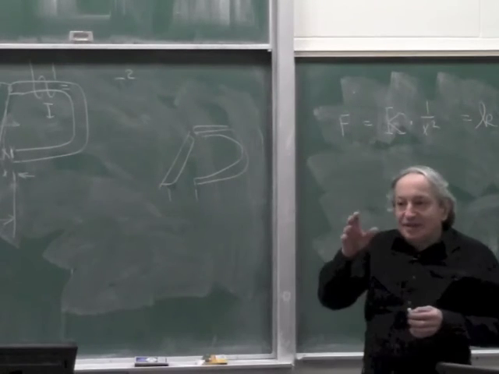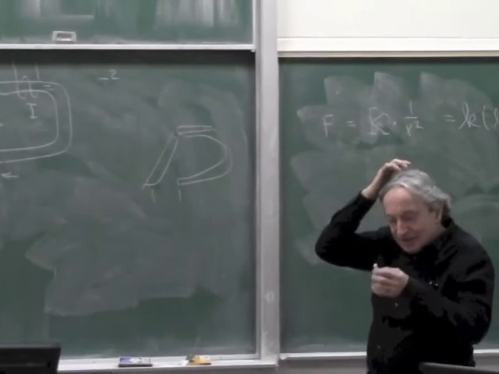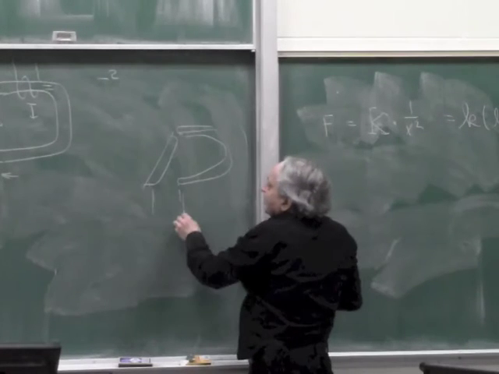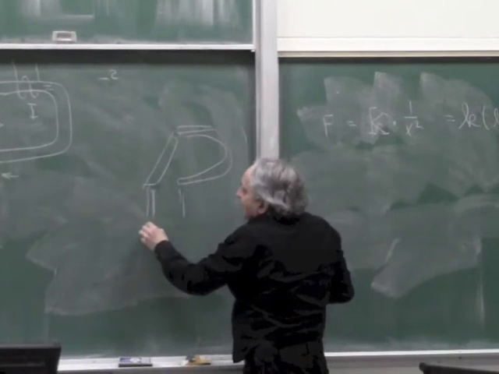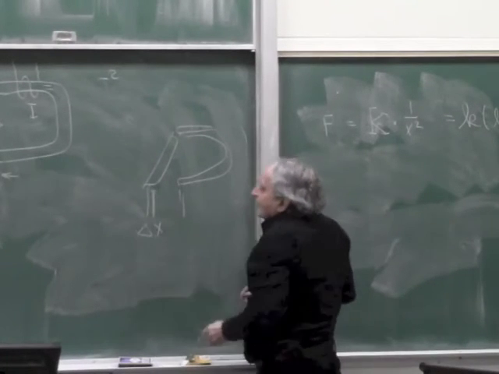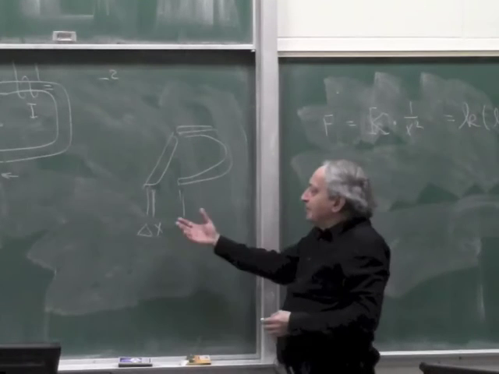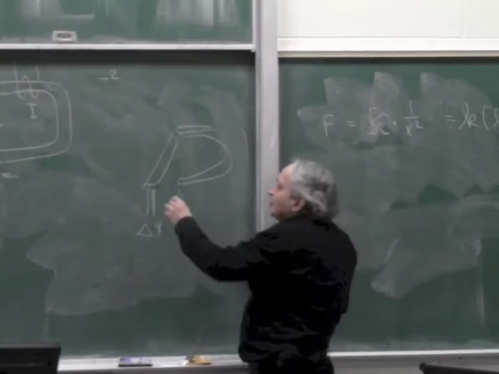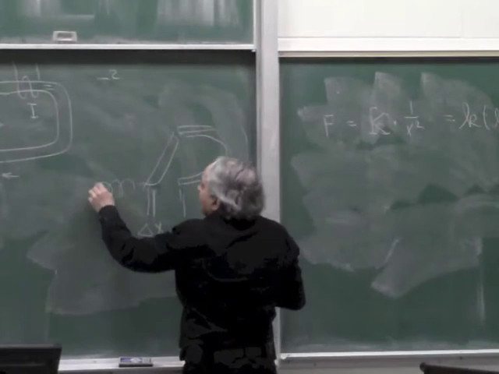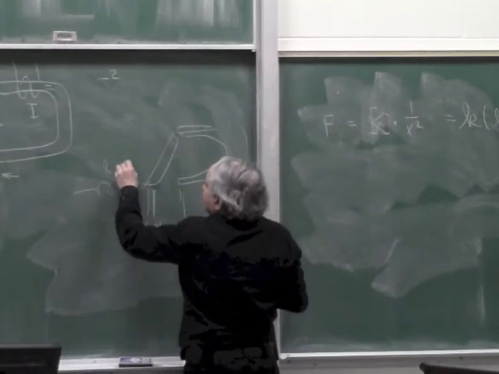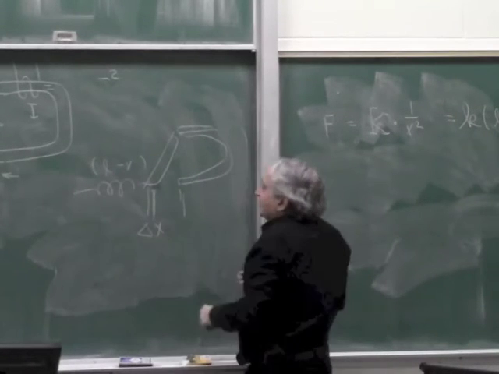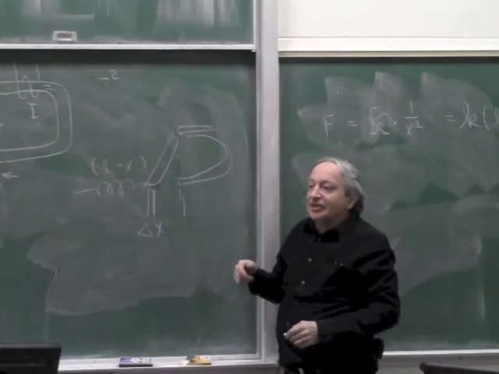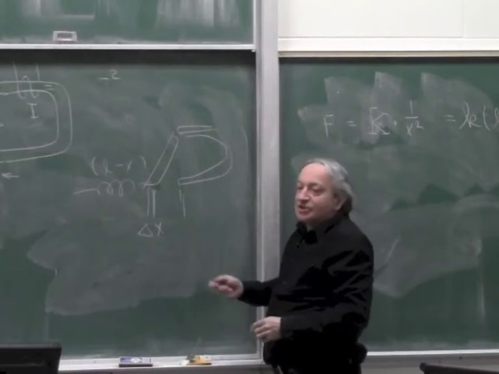Somebody answered correctly last week that when this gap is big and you change it by delta x, the increase in force is less than the increase in force of the spring. So if you have a spring and this is the L minus x extension and this is x, and this is quite big, although it's inverse square, the change is actually smaller.